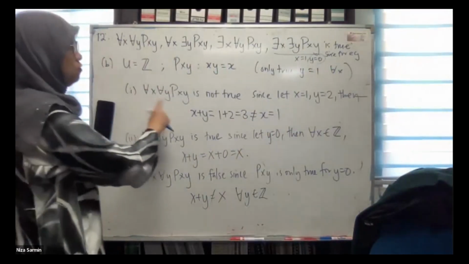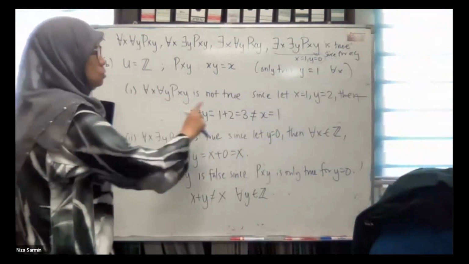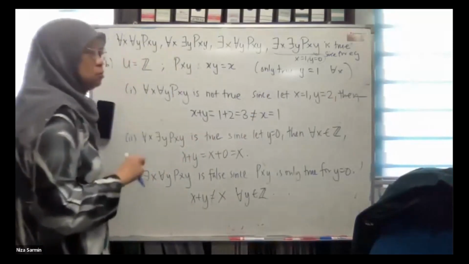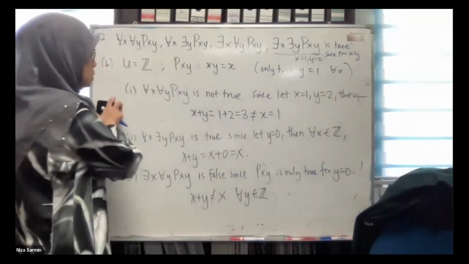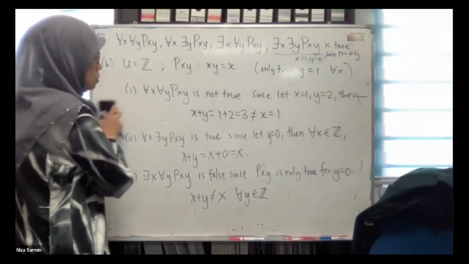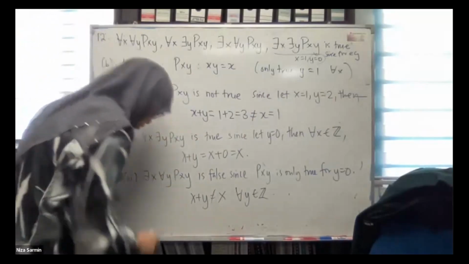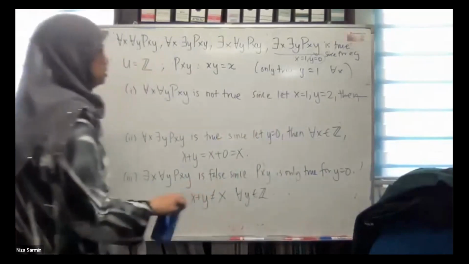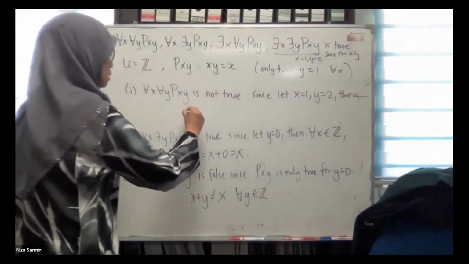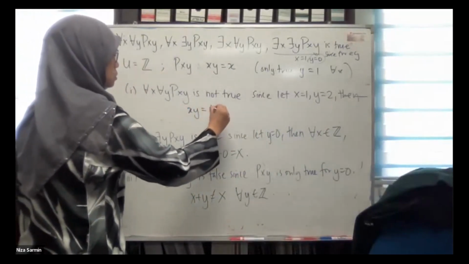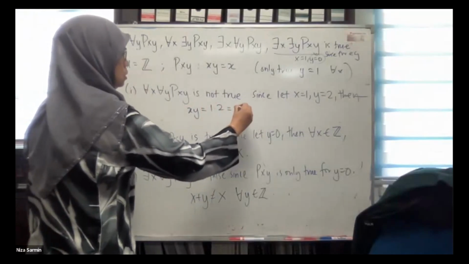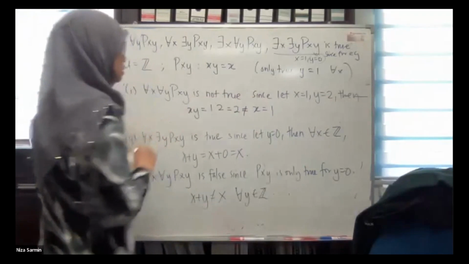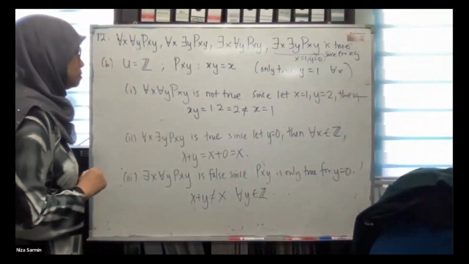So this is not true for all. If we let x is 1, y is 2, don't choose y equals 1. So xy is 1 times 2 equals 2, is not equal to x, which is 1. Okay.